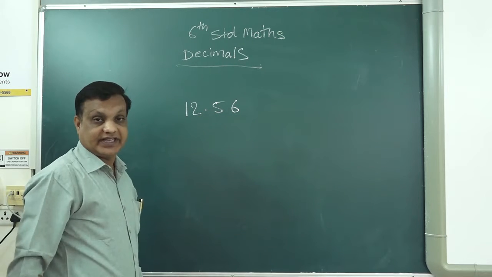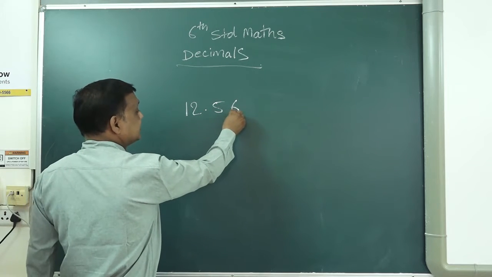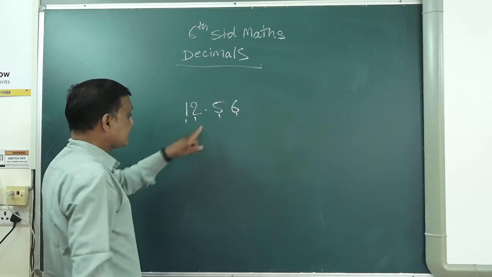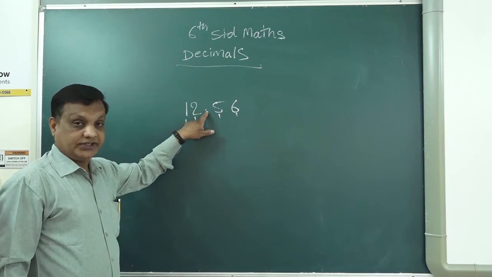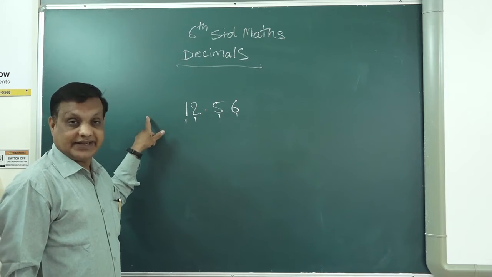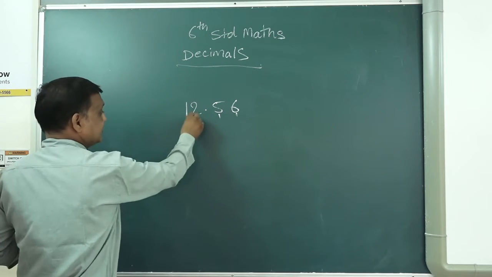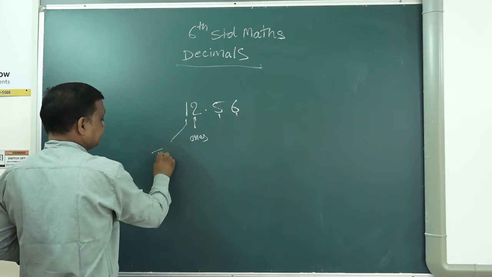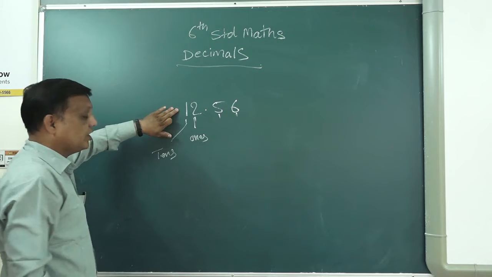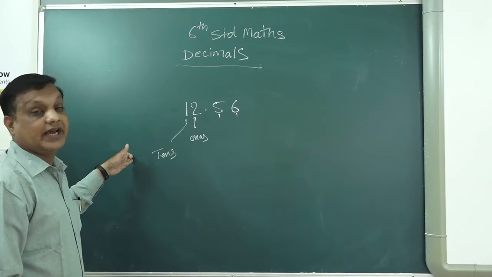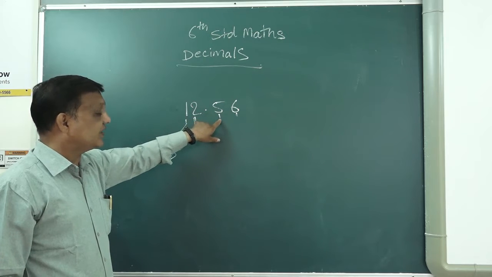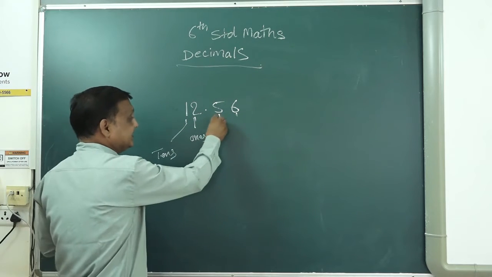12.56. Yes, dear. So now we will see the places. Before the point, the places are like this: this is ones and this is tens. If there were more digits, the next would be hundreds.